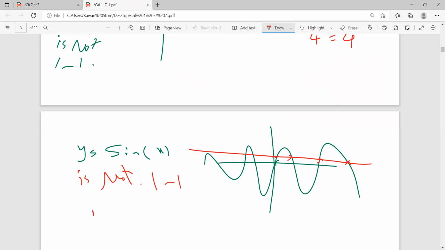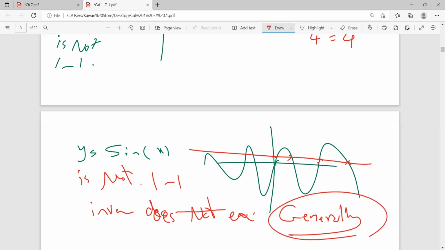So it means that the inverse does not exist in general. I say in general because later I'm talking about something else.